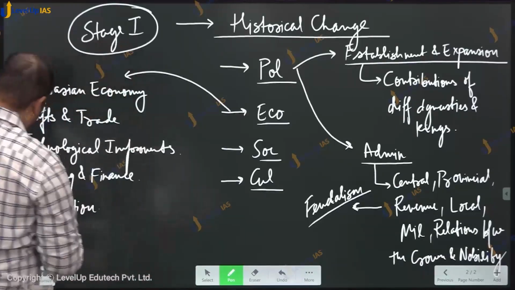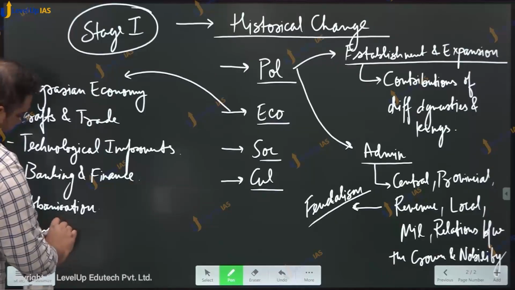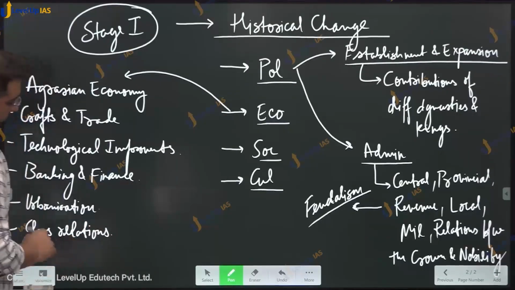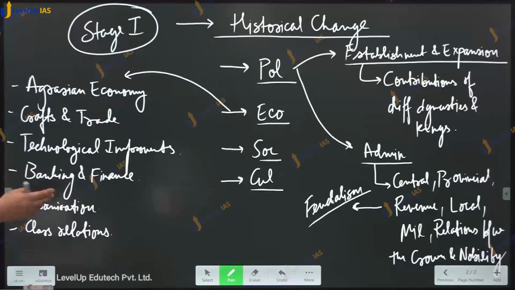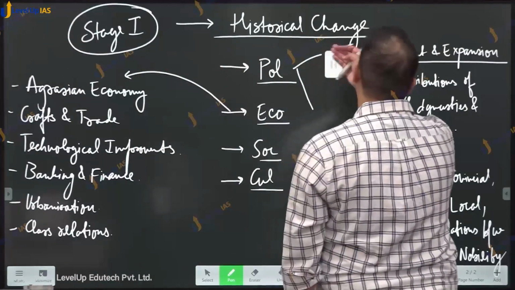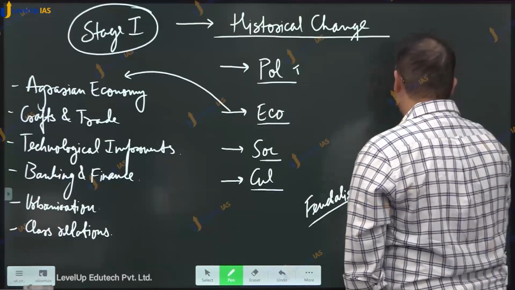We will also be talking about the class relations. What was the interrelation between the different classes within the agrarian structure, within the urban economy? तो अलग अलग classes का क्या रोल था, कितना इन्फ्लुएंस था, what was their overall position, problems and positive developments, right? इन सब चीजों के बारे में बात करेंगे.